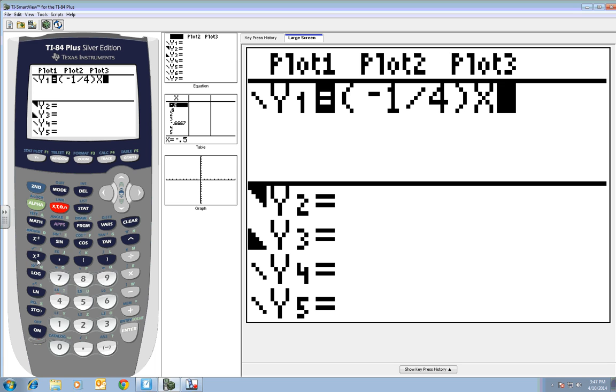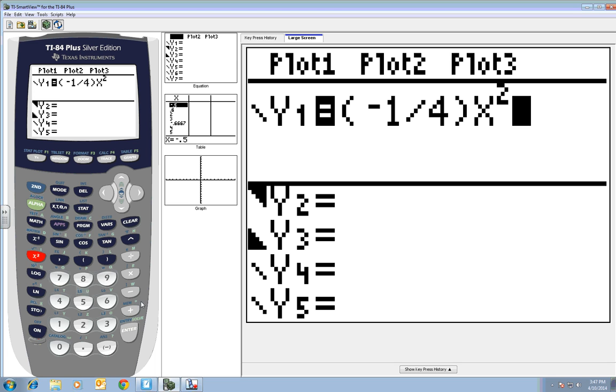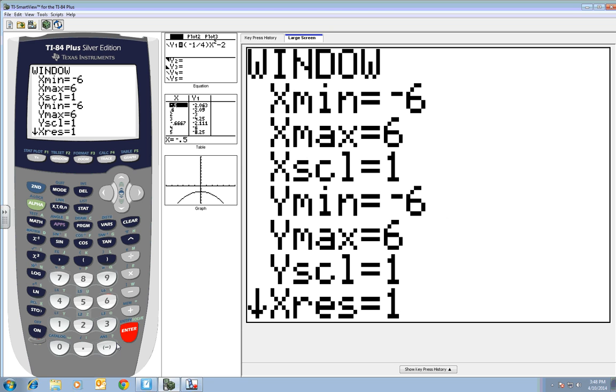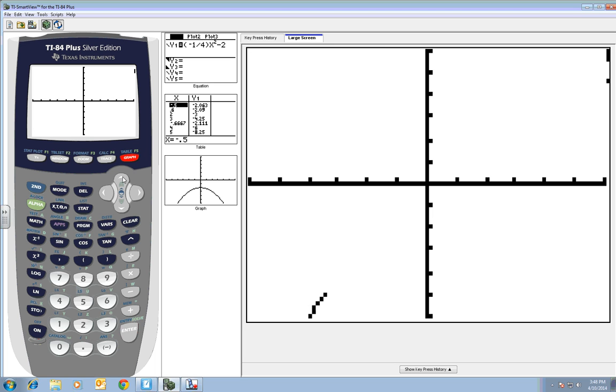And then my x squared minus 2. Okay, I'm going to change my window, and I'm going to go from negative 6 to 6 on my x and my y axis. Okay, and then I'm going to graph.